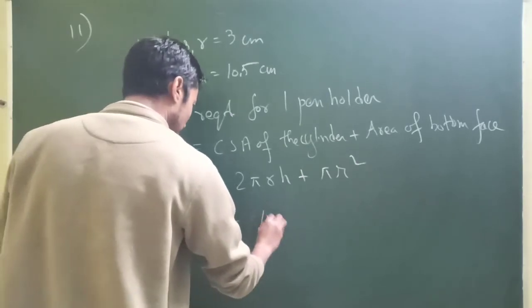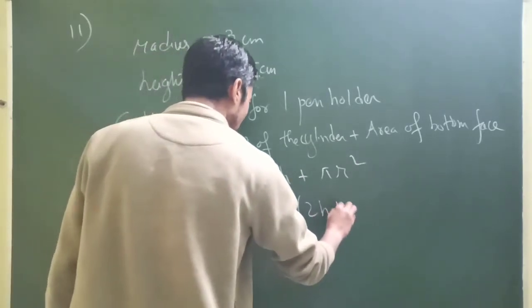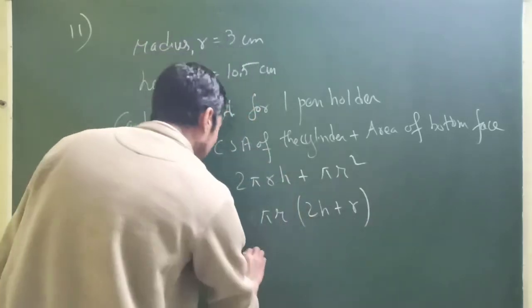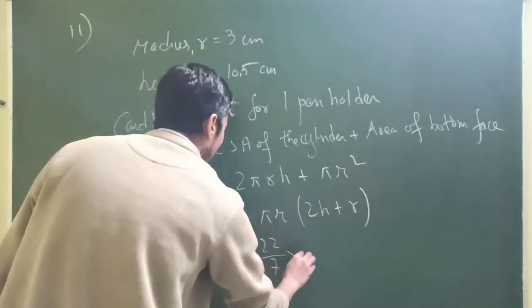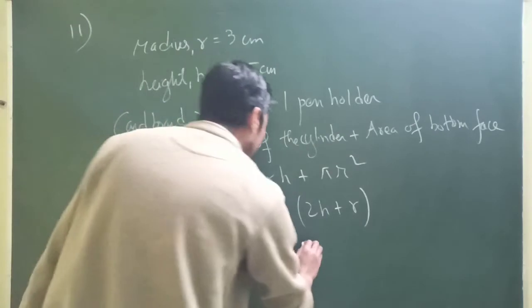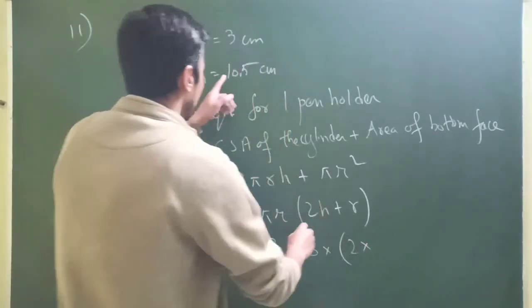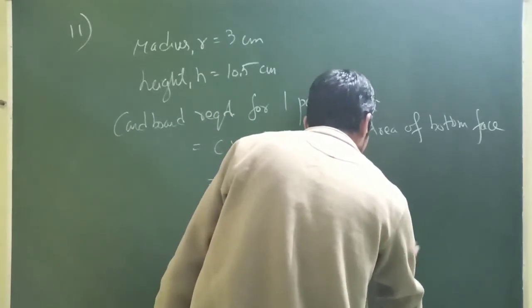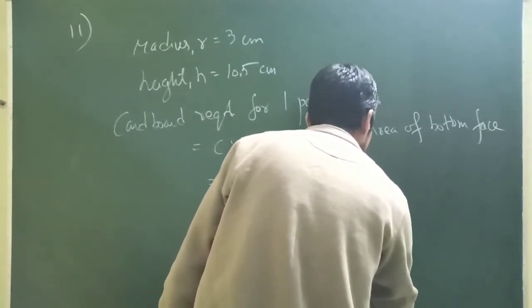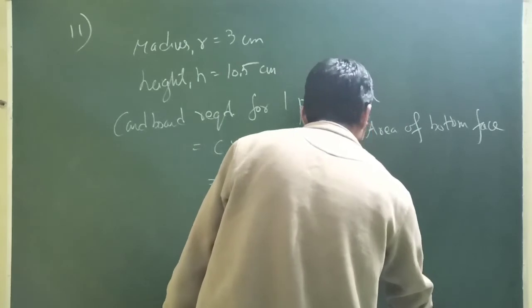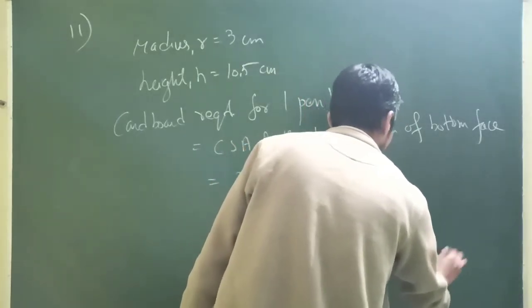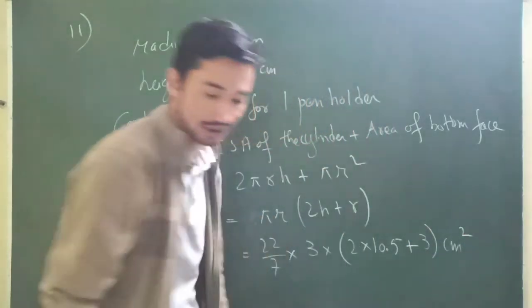So pi r common, 2h plus r. So pi 22 by 7, r 3 centimeter, twice into h, height is 10.5, plus r again 3 centimeter, that will be centimeter square.